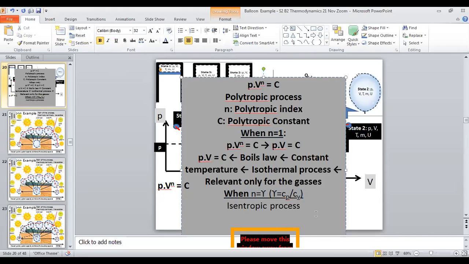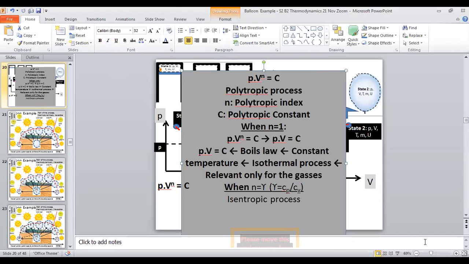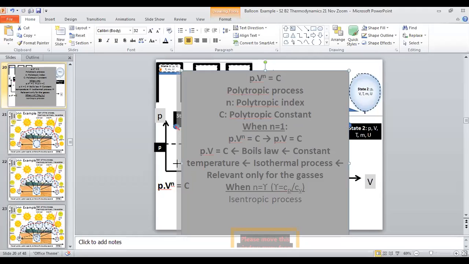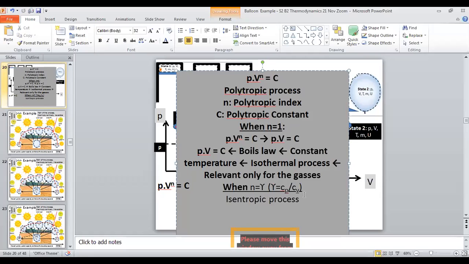How about C? It depends on C, because you have many compression processes, even many isothermal processes. Let's say n equals 1, constant temperature. If the temperature is 30 degrees, you have one curve. If it is 50, your curve is different. At 90, different again. At 200, another curve.